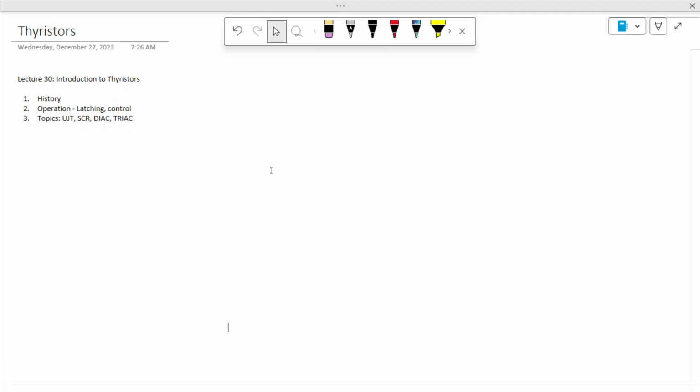So it's a little bit more advanced than a diode, and it kind of combines concepts from diodes and transistors. The main thing that we're going to learn in this part of the course, rather, is thyristors give us the possibility of latching.